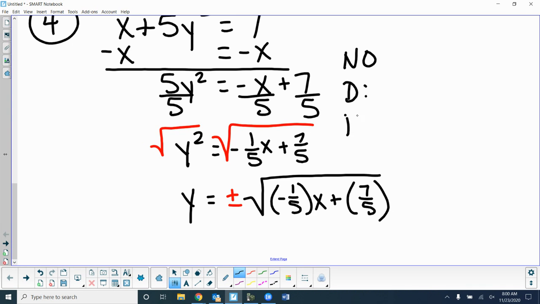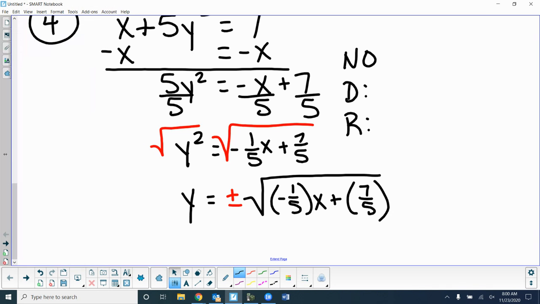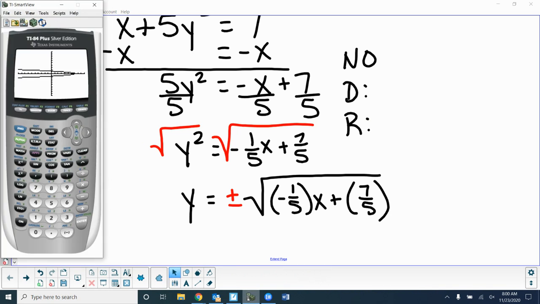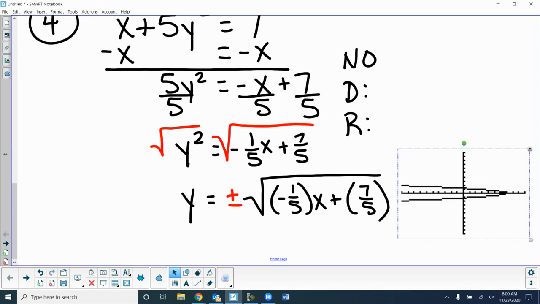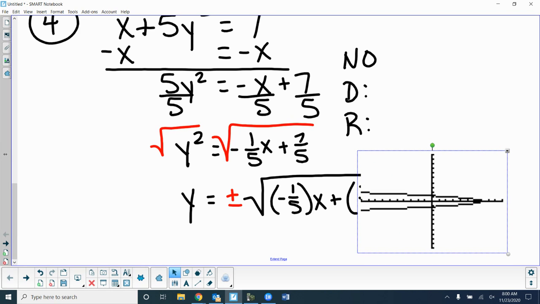domain and range, okay? So going back to the graph, I guess I'll do this, so you guys can look at it. Okay, so as this keeps going this way, what happens to it? Keeps opening up.